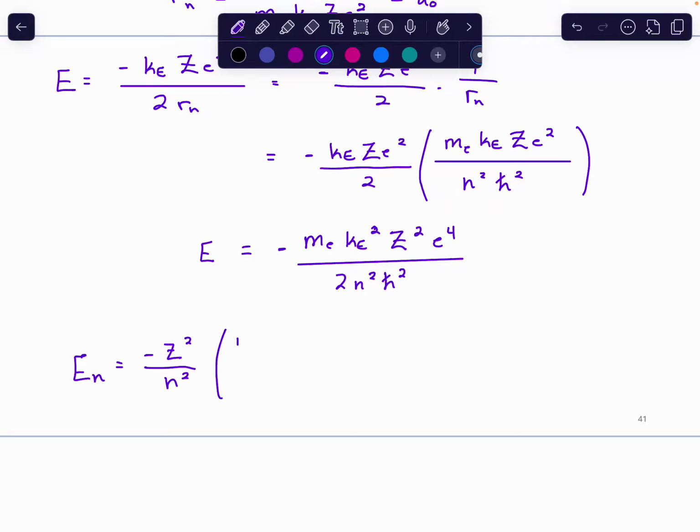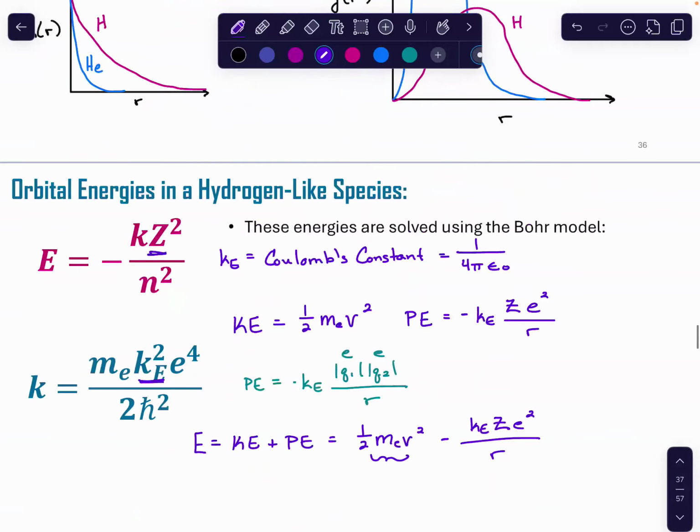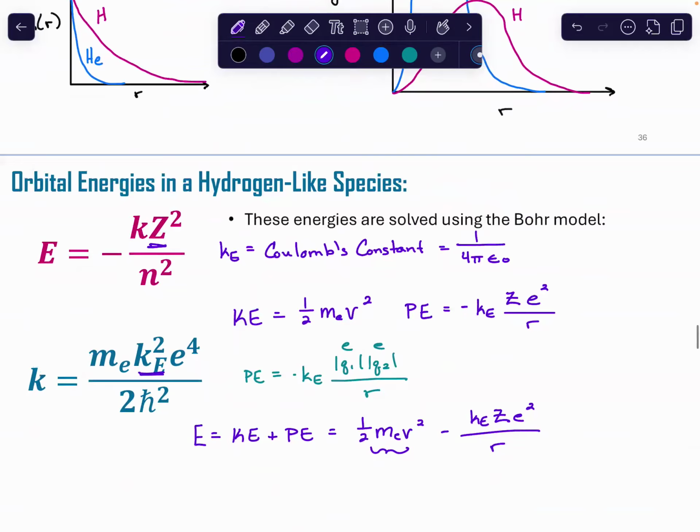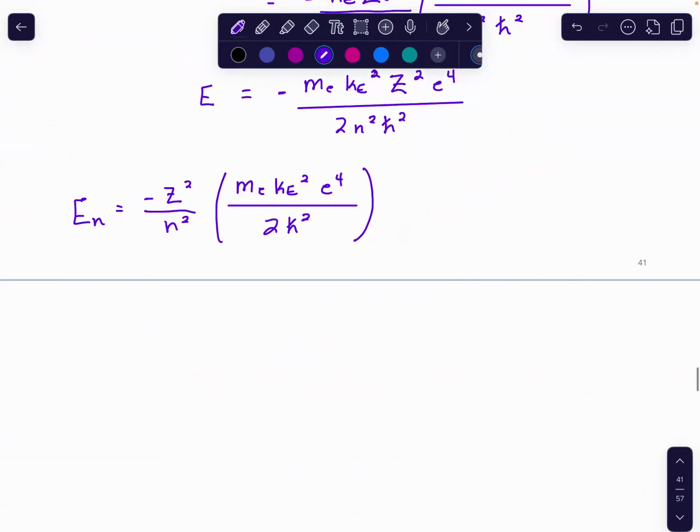Then what's left is your m_e, the Coulombic constant, e to the 4th, over 2 h bar squared. And if you look at the equation from the textbook, let's go all the way back up. Right here, Z squared over n squared, you see that? We go back down here. This whole value right here is what the textbook called K.